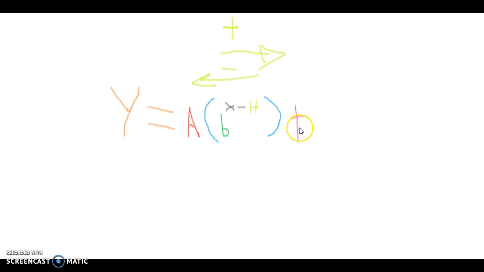Plus, oops. Okay. And that will shift your graph up if it's positive, or down if it's negative. So that's that. And this right here can invert the graph. It will also invert it if the b one is here.